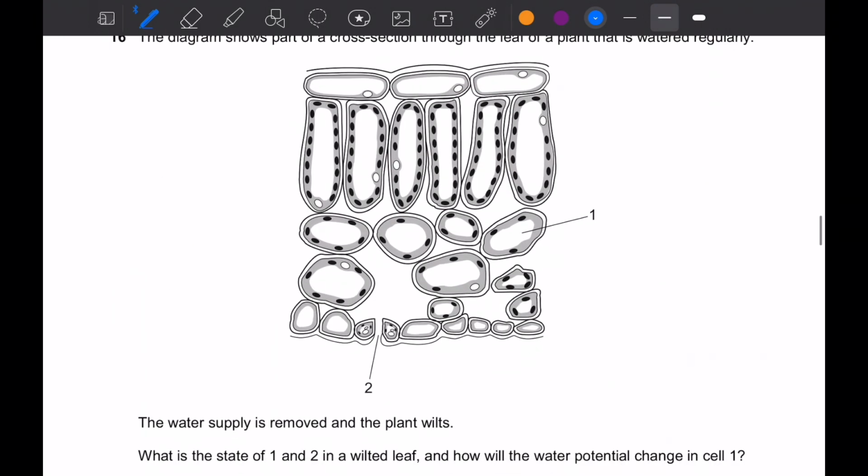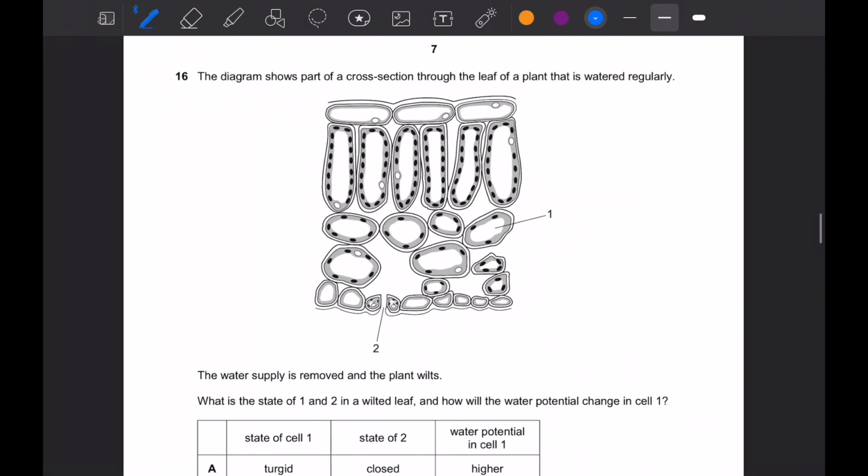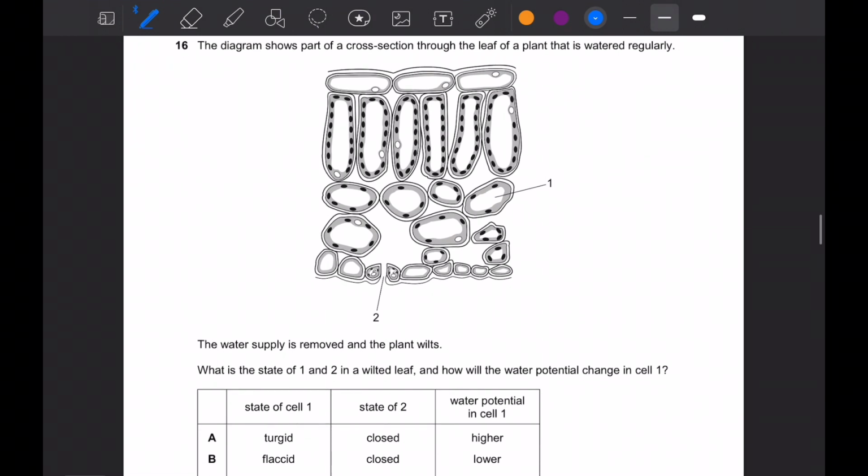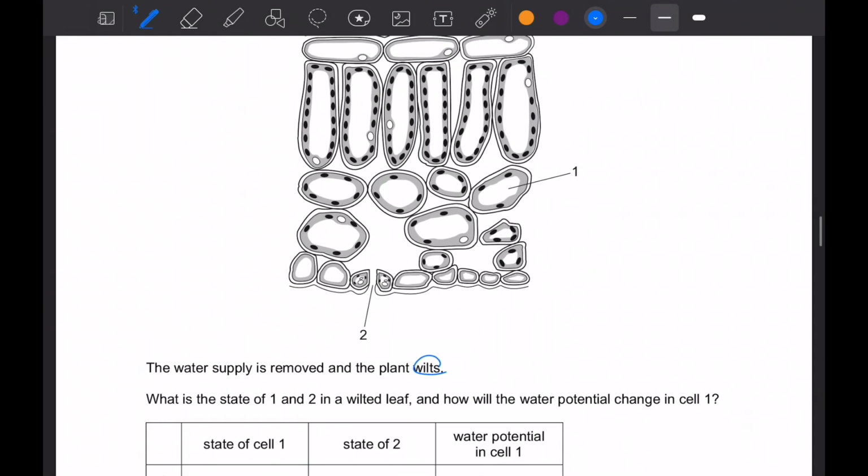Next question, the diagram shows part of a cross-section through the leaf of a plant that is watered regularly. The water supply is removed and the plant wilts. What is the state of 1 and 2 in a wilted leaf, and how will the water potential change in cell 1? When the plant wilts, it means most of the water came out, meaning that the water potential in the plant is low.